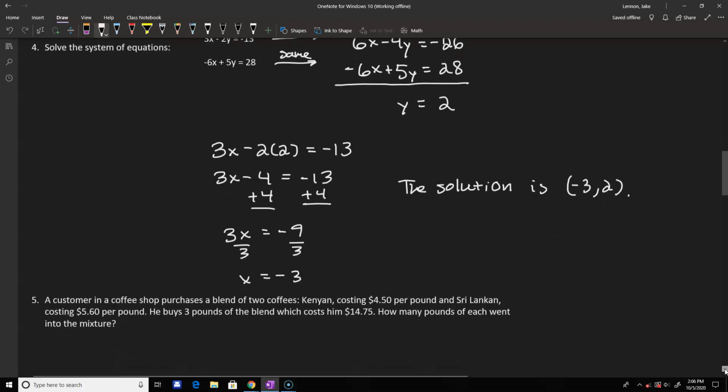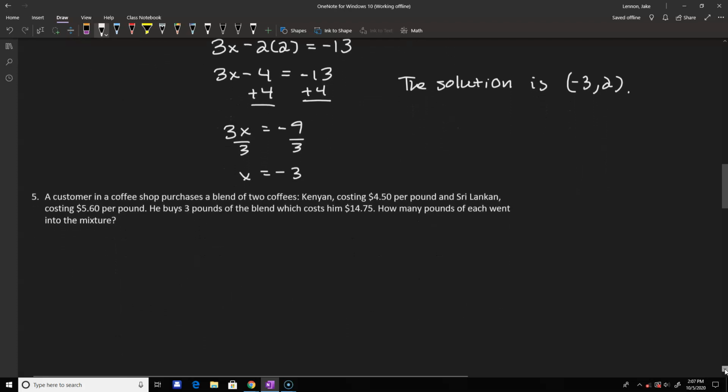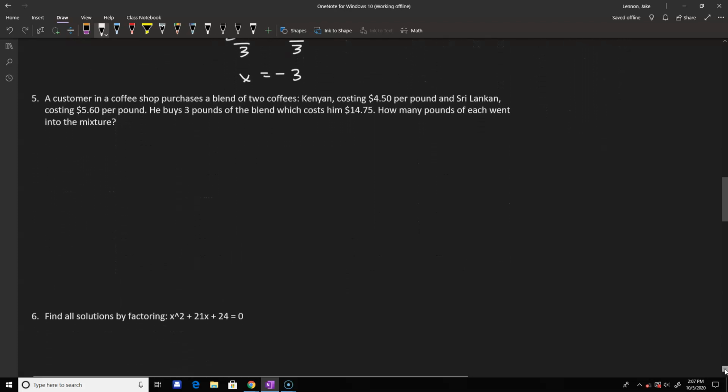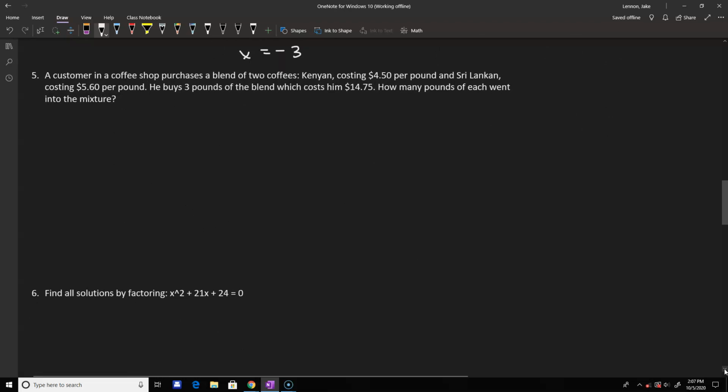Number 5 is also a system of equations problem, but it's coming from a word problem. We have a coffee shop, and they want to blend 2 different types of coffee. So we're going to end up with a volume equation and also a cost equation.